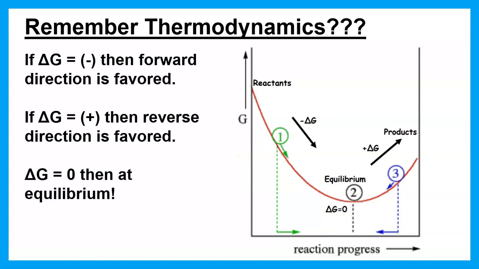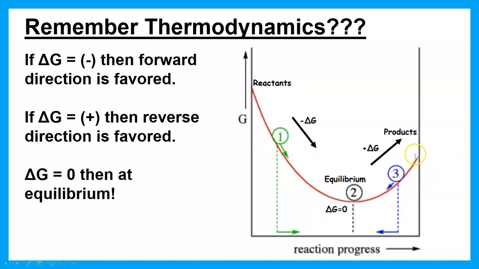Remember, this is not the same as delta G naught. You have to be a little bit careful. This is just delta G. Remember, if your delta G was negative, that was an indication that you were at this part of the graph and you were going downwards. That's why it was a negative, right? Negative slope here on delta G. We were having a lowering of our energy, which meant the forward reaction was being favored.